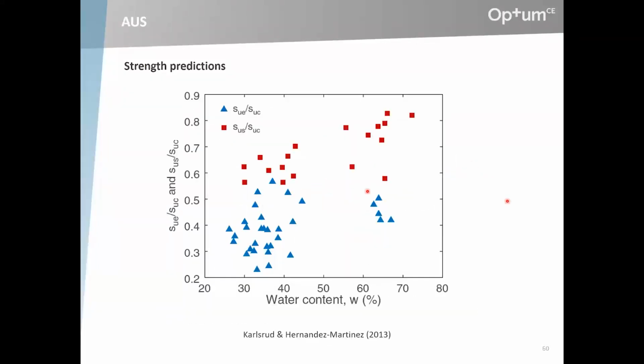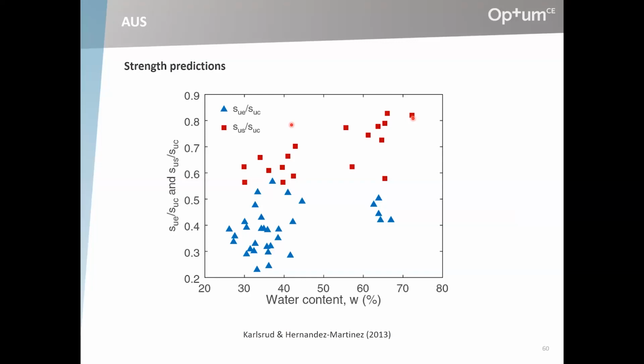But then there are other cases, other materials, where it's more problematic to make sense of things in terms of the generalized Tresca criterion. Here are some data for Norwegian clays, and this shows the extension to compression ratio in blue, and the simple shear to compression ratio in red, as a function of the water content for a number of different clays.